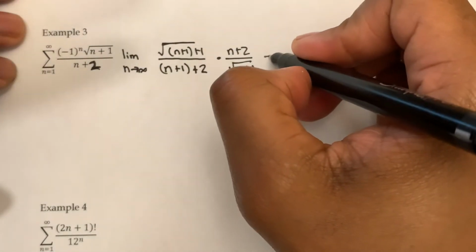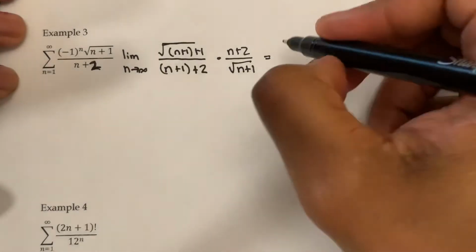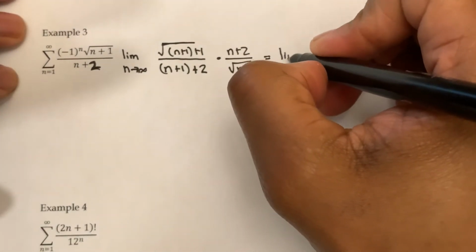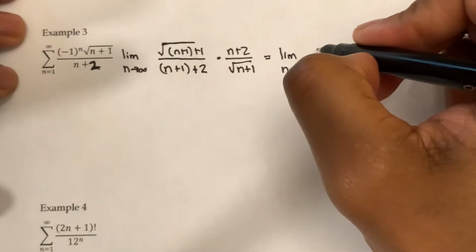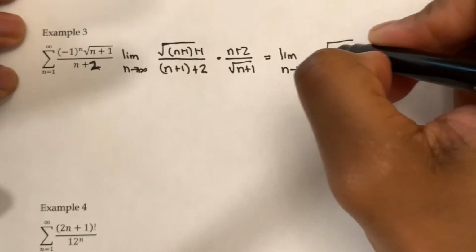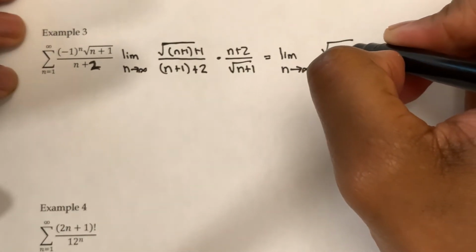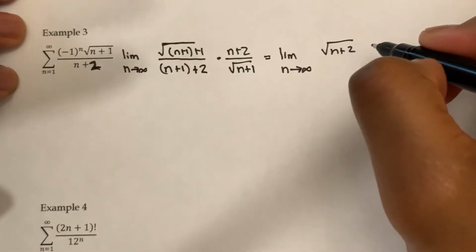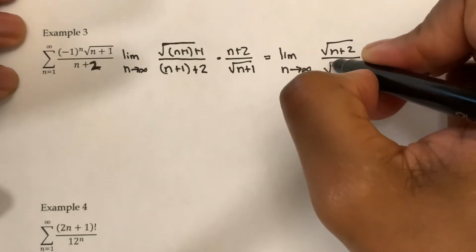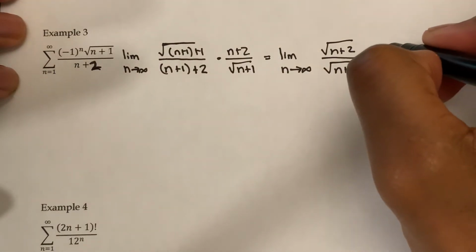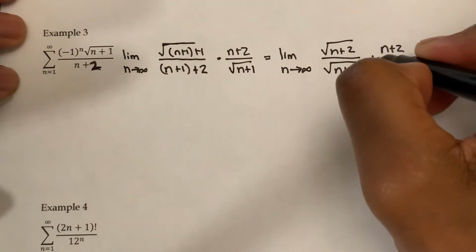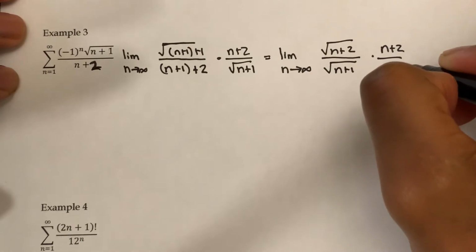And again, you should group the things that look alike. So we're going to have the limit when n goes to infinity of the square root of n plus 2 over the square root of n plus 1, and then multiplied by n plus 2 over n plus 3.